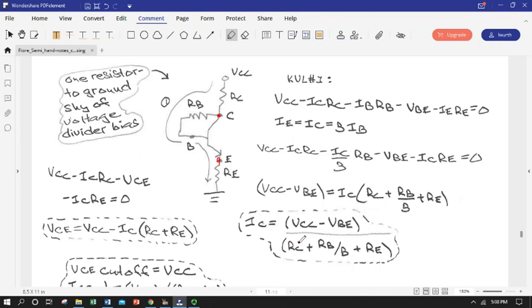This time we have an extra term in our denominator and can relate that also to your collector emitter voltage. So here's where you get your Q point, these two expressions.